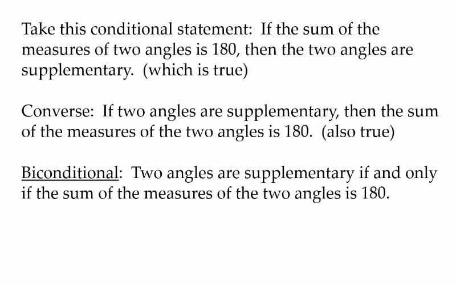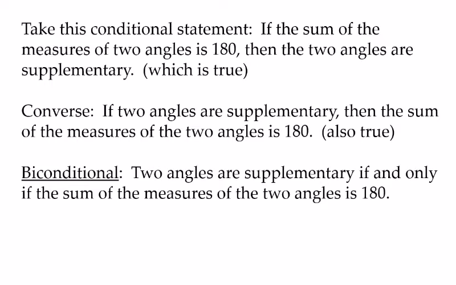All right, so take the conditional statement: if the sum of the measures of two angles is 180, then the two angles are supplementary. Of course that's true, right? We know that if we have two angles that sum to 180, then the two angles are supplementary.